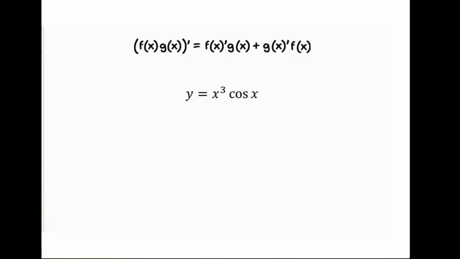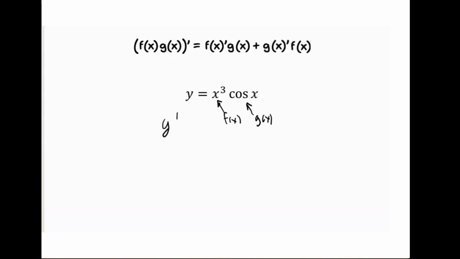All right, in our last example, we have y equals x cubed cosine x, and we want to find y prime using the product rule. So I'm going to assign the x cubed as my f of x, and I'm going to assign the cosine as my g of x.